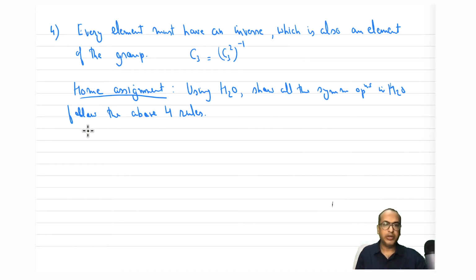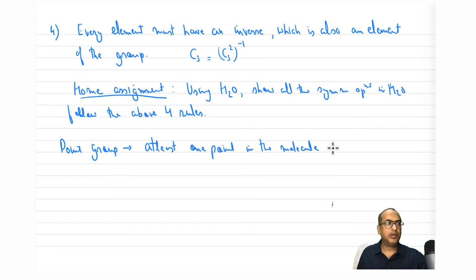Why is it called a point group actually? So why point group? It is because in all these symmetry operations, at least one point in the molecule in space is unchanged. So the location of that particular point remains unchanged. So that's why it is called a point group.